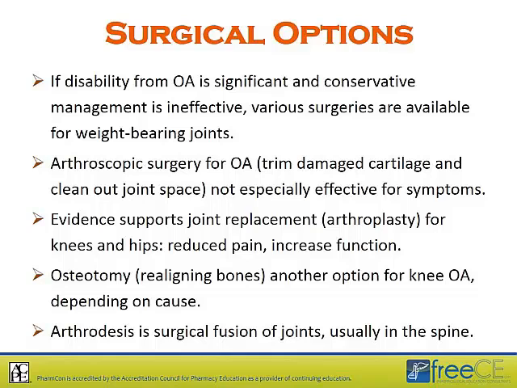Osteotomy can involve quite a bit of cutting away of bone, so it's much more of an impactful surgery compared to arthroscopic procedures. Arthrodesis is a surgical fusion of joints, usually in the spine, but sometimes of other joints such as the fingers. And arthrodesis is essentially just completing what the body's naturally trying to do on its own, which is joint fusion.